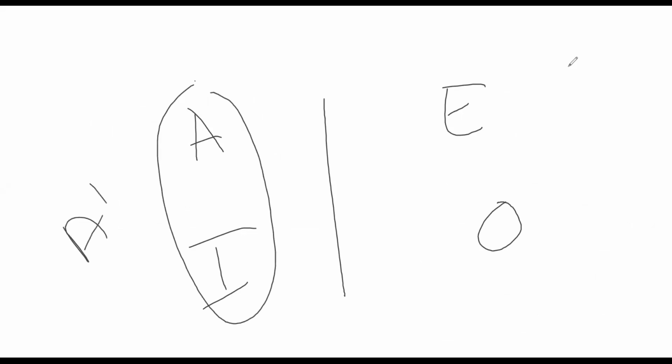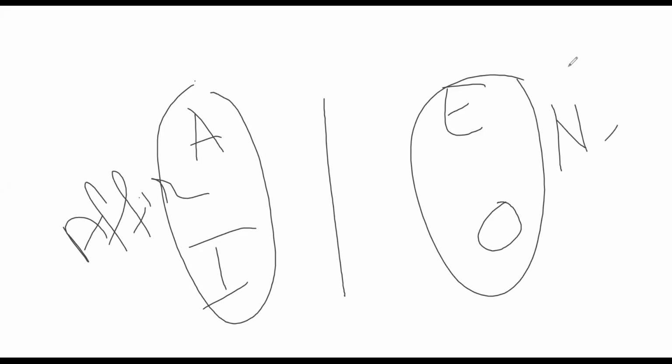According to the rule of square of opposition, we put our A, E, I, O on the corners of a square. On this side, both the terms are affirmative, and on this side, both the terms are negative.